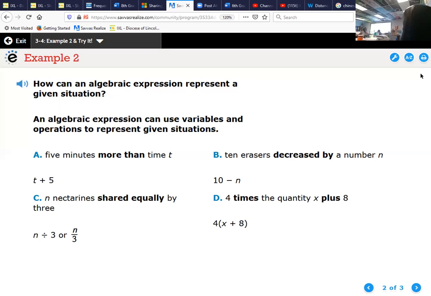The word quantity usually means something's in parentheses. So quantity tells us x plus 8 is in parentheses, and we took 4 times that. We have to have parentheses here.